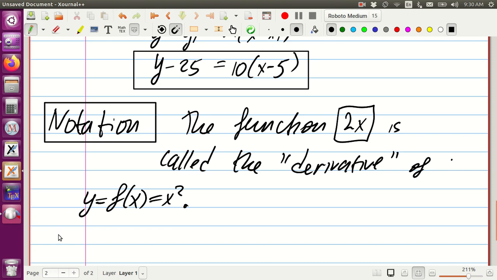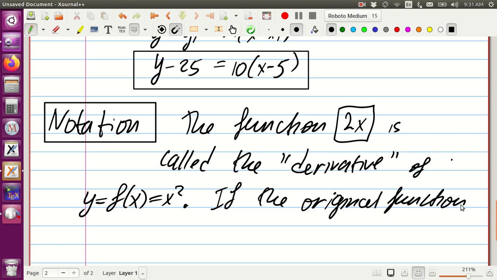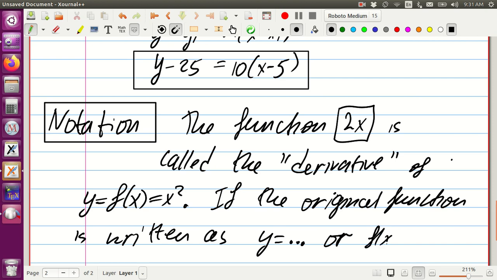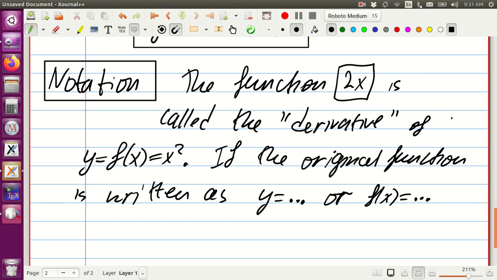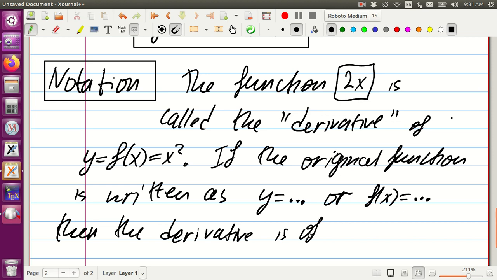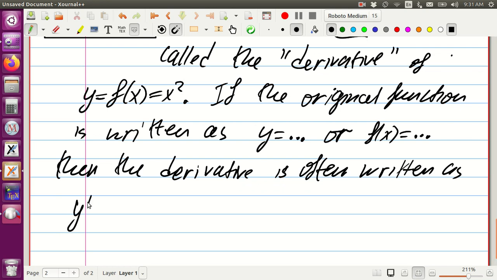And if the original function is written as y equals something, or f of x equals something, then the derivative is often written as y prime or f prime of x.